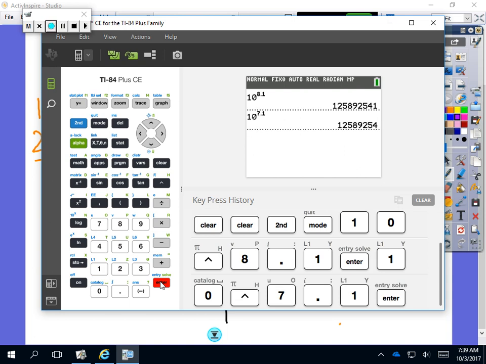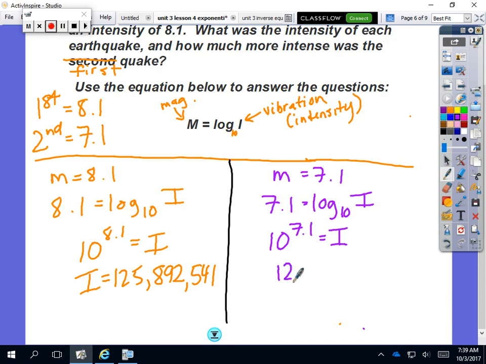And we get a similar number, almost the same numbers. 12,589,254. So the intensity of the second one was less than the first one, but by how much?